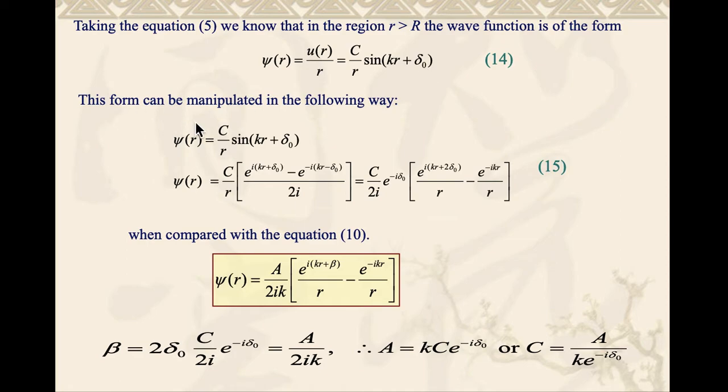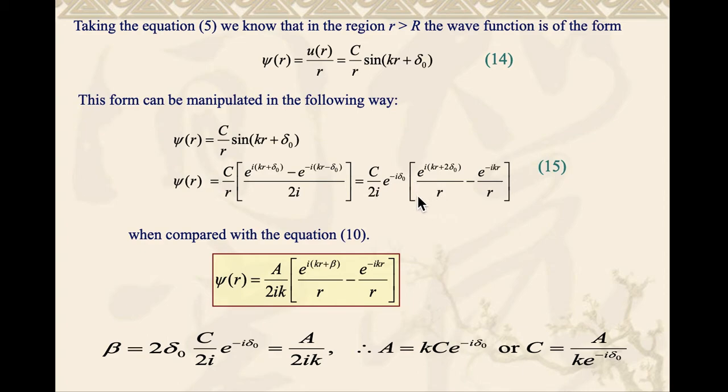And this form can be manipulated in the following way. Psi(r) equal to C by r sin(kr + delta 0). So you can write it as e raised to i(kr + delta 0) minus e raised to minus i(kr + delta 0) divided by 2i. This 2i can be taken here, and also you have e raised to minus i delta 0 as common factor, not plus i, minus i.